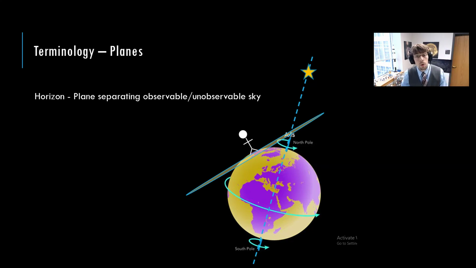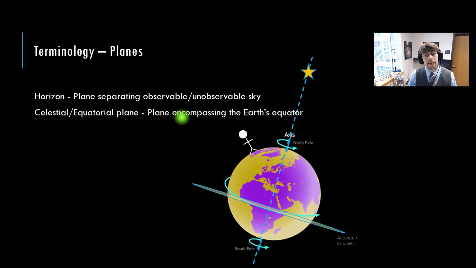Number 2 deals again with the poles, the north celestial pole and the south celestial pole. You can think of the line connecting those 2 poles, and if I take a plane perpendicular to that, that is what we call the celestial plane.